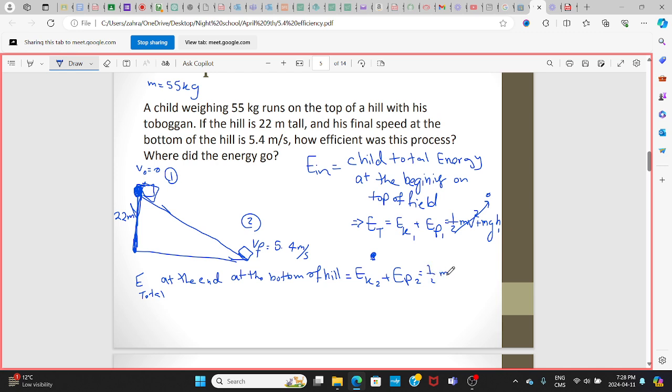I have half mv squared plus mgh. Since the h here is 0, we do not have that term. I call it V2 here.